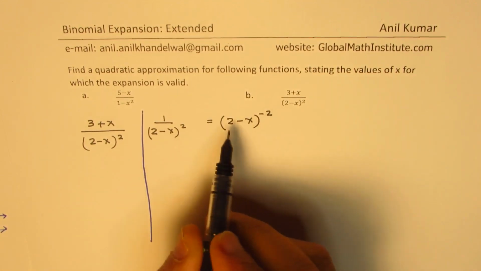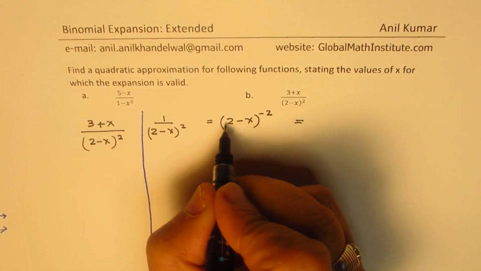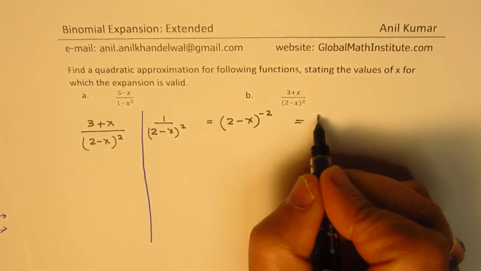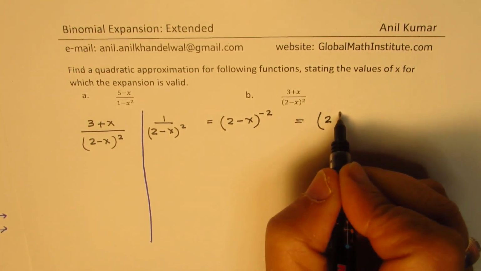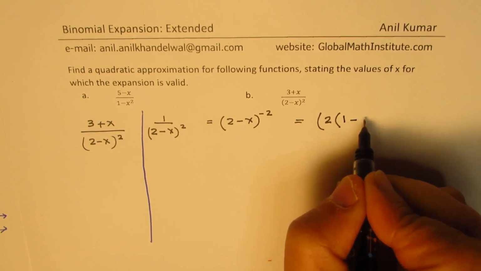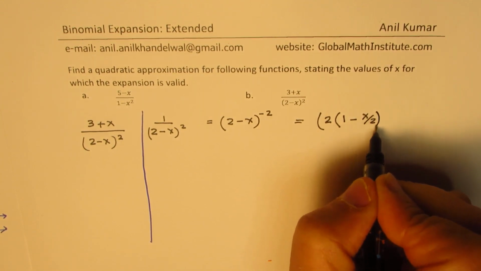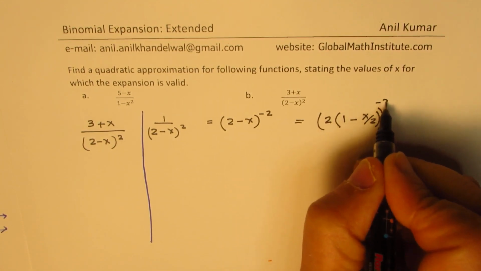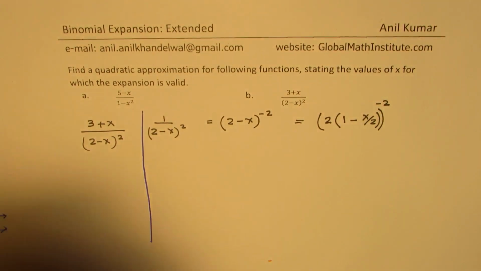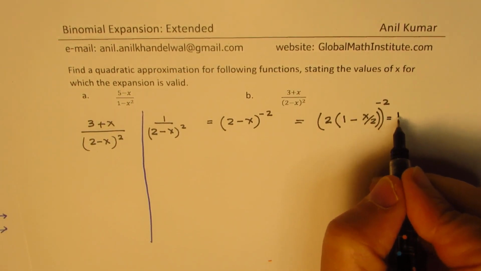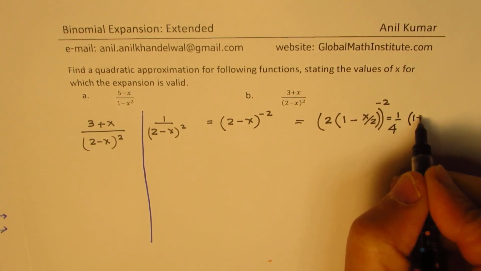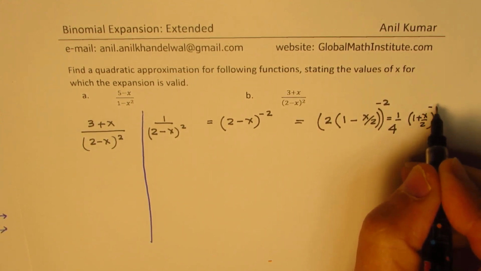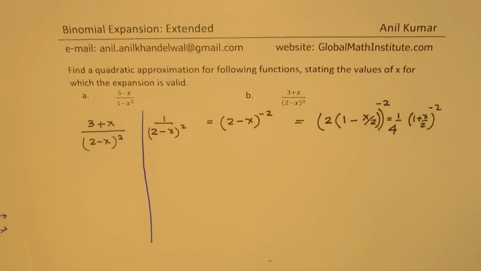Now because we want 1 plus something, we could write this as 2 common, and in brackets we get (1 minus x over 2) to the power of minus 2. That is how we could write this. And that is equal to 1 over 2 squared, which is 4, times (1 minus x over 2) to the power of minus 2. So that is what we'll try to expand.